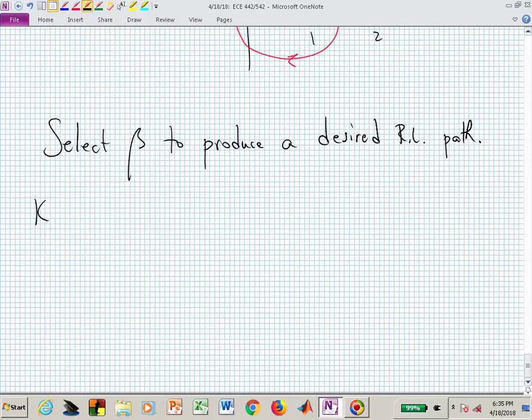We're going to pick the triangle and then locate beta from that. So K is used, but once we have beta, then we can find K to put us on those triangles. So K is used to fix the dominant closed loop poles.